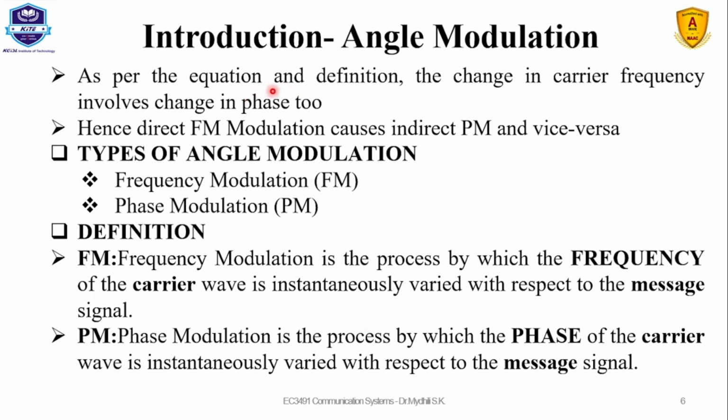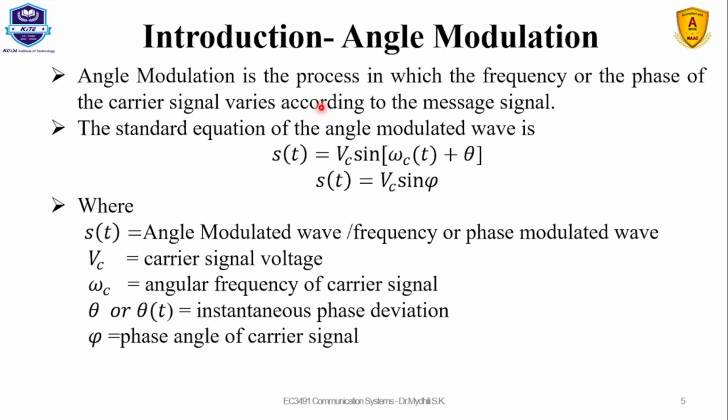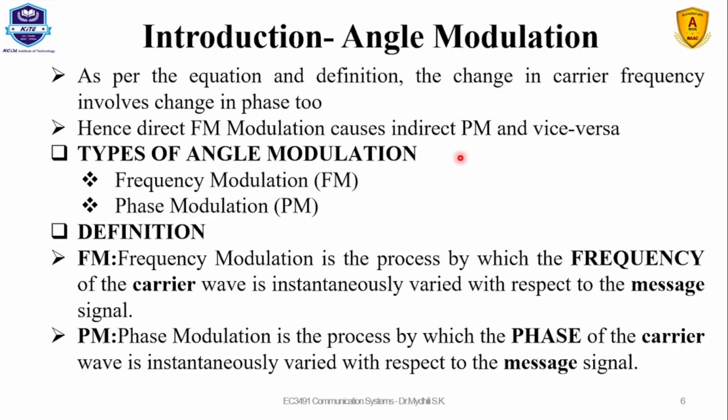As per the equation and definition, the change in carrier frequency involves change in phase also. So the change in frequency also involves change in phase. Hence, direct FM modulation causes indirect phase modulation and vice versa. Finally, the relation will be revealed at the end of the session.